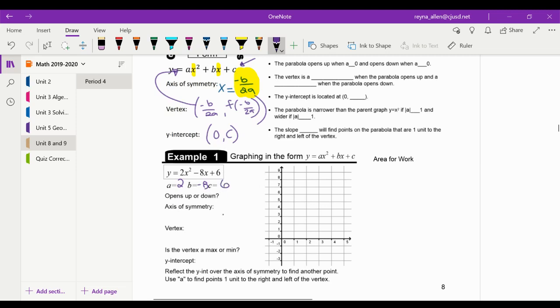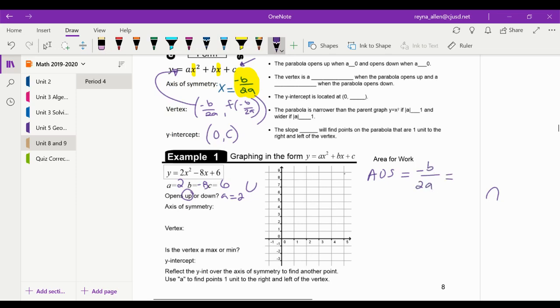Okay. So if we want to look at if it opens up or down, we would look at our a. So the a here is 2. If it is positive, it will open up. If it is negative, it will open down. So this one is positive, so it opens up. And then for the axis of symmetry, we do negative b divided by 2a.